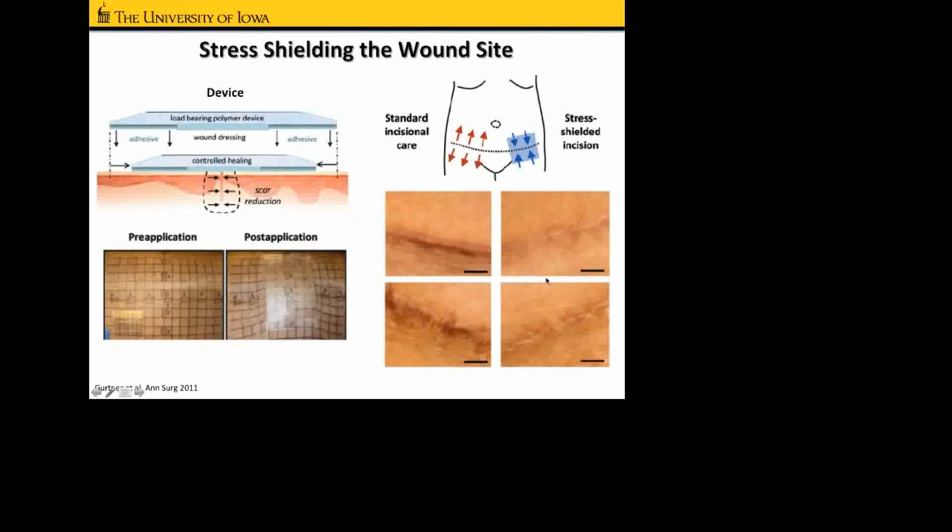Now, they did report that the healing response was variable. That's to be expected because there are a lot of different factors at play, including genetics, the patient's health, the location of the wound, and many aspects like that. And so what I'm interested in is really understanding these mechanisms and how they relate to the development of fibrosis.